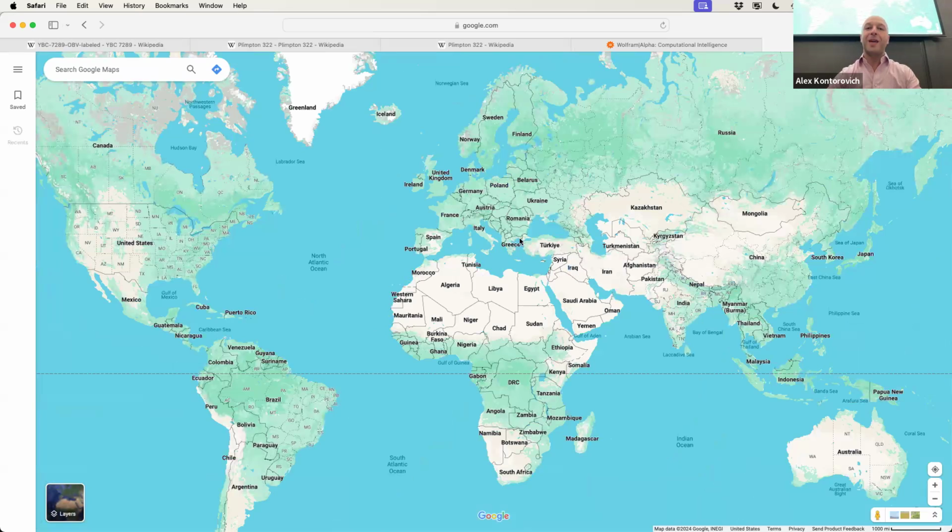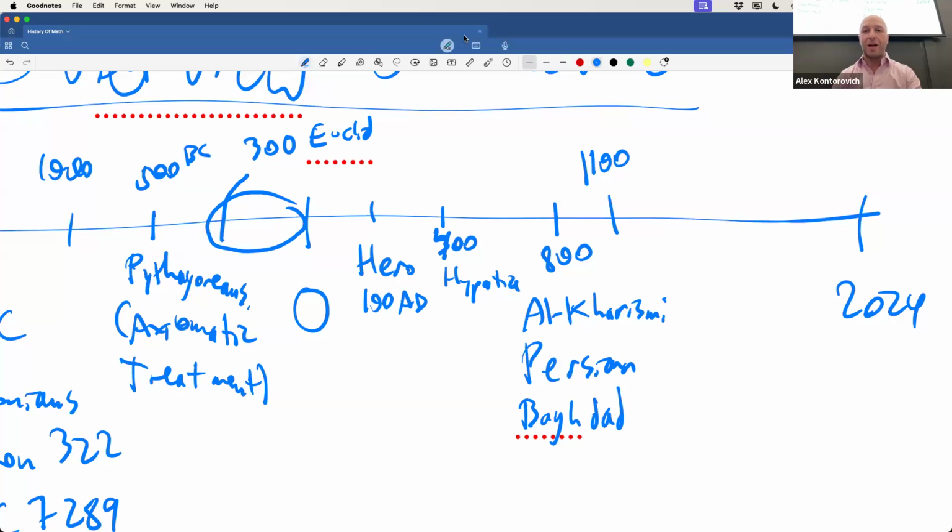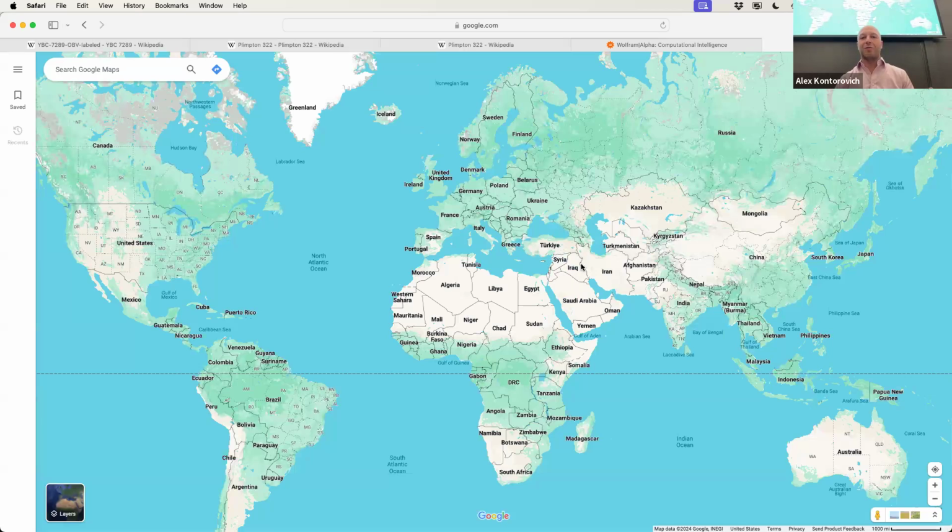So the Europeans, the big name here is Fibonacci. If you've heard of Fibonacci, the reason you've heard of him is because he brought, I wrote a 4 and an 8 and a 3 and a 5 and a 1, and those are all Hindu Arabic symbols that Fibonacci learned from the Persians and the Arabs, following the trail of the Crusaders back into the Middle East, and brought that knowledge back to Europe.